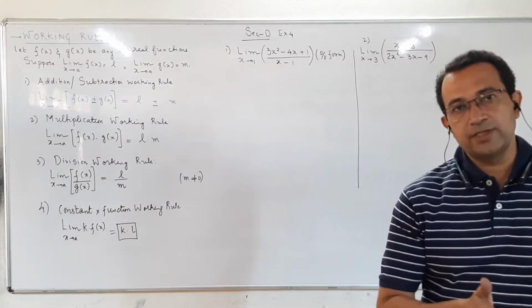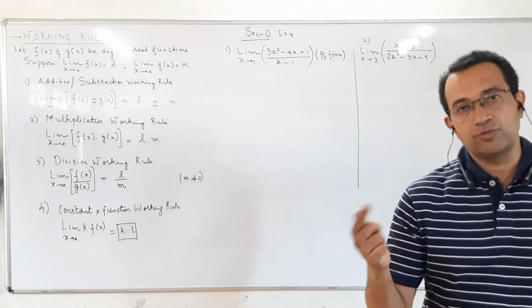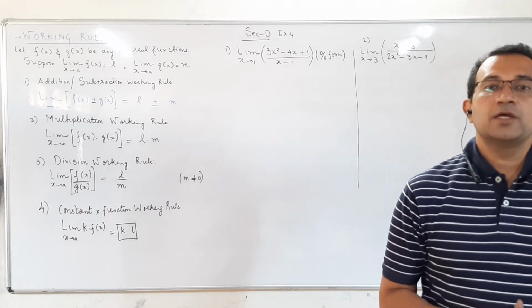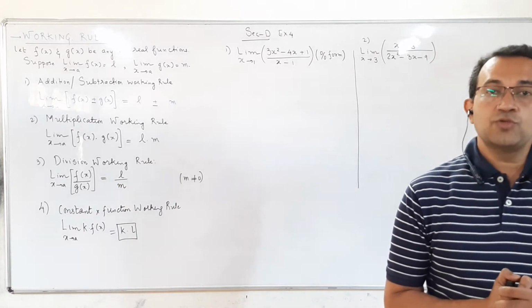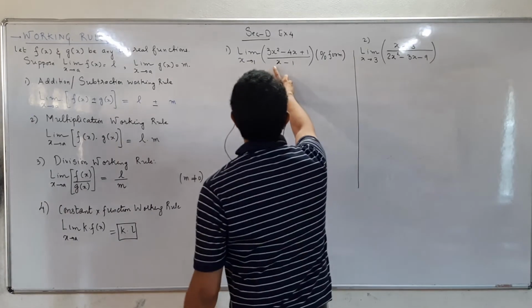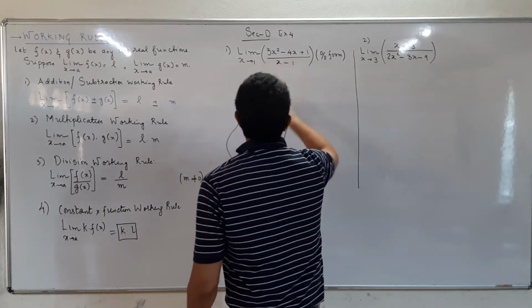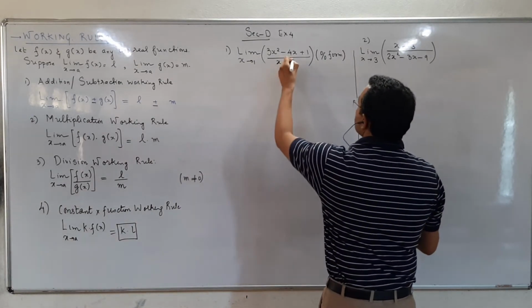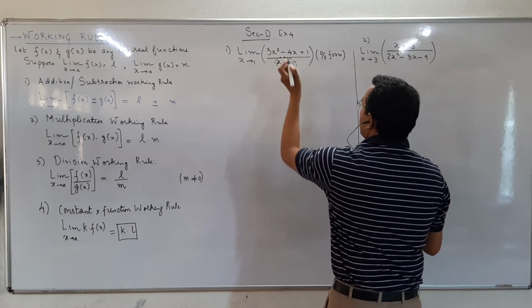Don't cancel 0 and 0 and write 1 as we do like 2 by 2 is 1. Be careful. Now, so what we should do? What is making my denominator 0? This term. x minus 1, students, is making my denominator 0.